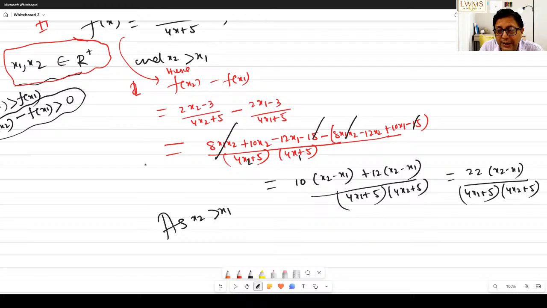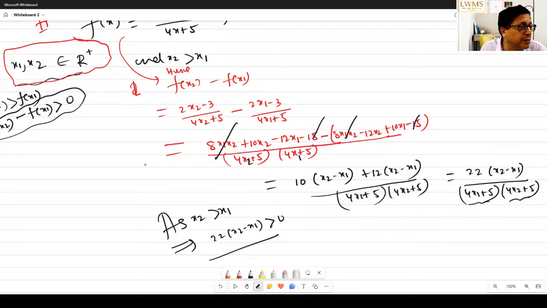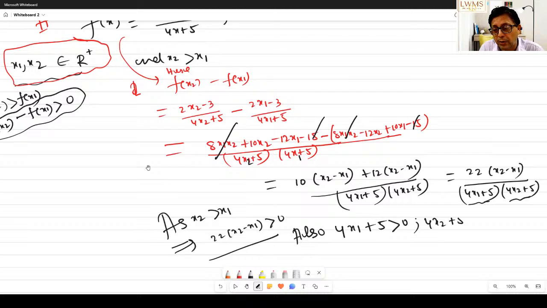As x2 greater than x1, this implies 22(x2 minus x1) greater than 0. Also this denominator, this product, is also greater than 0. Also 4x1 plus 5 greater than 0, and 4x2 plus 5 is also greater than 0.